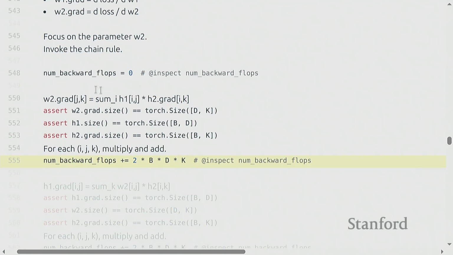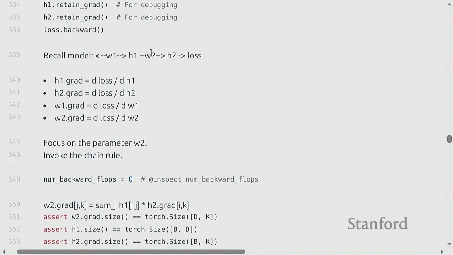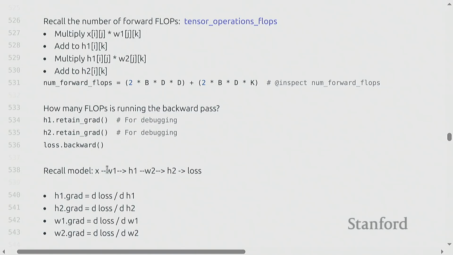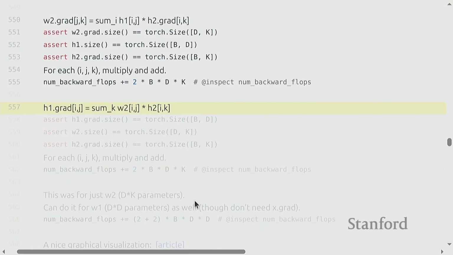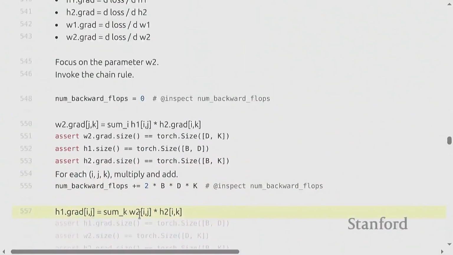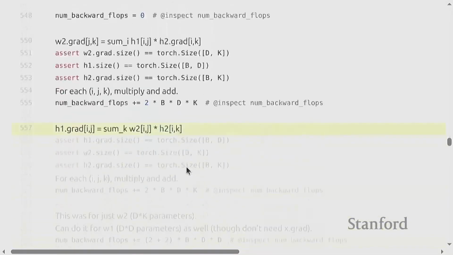But this is only the gradient with respect to W2. We also need to compute the gradient with respect to H1, because we have to keep back propagating to W1 and so on. That is going to be the product of W2 times, sorry, H2.grad, the gradient of H2.